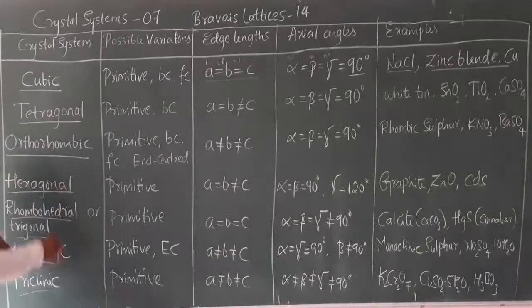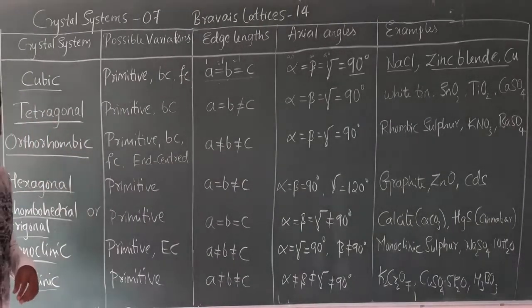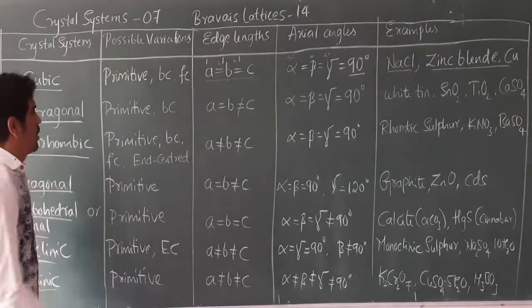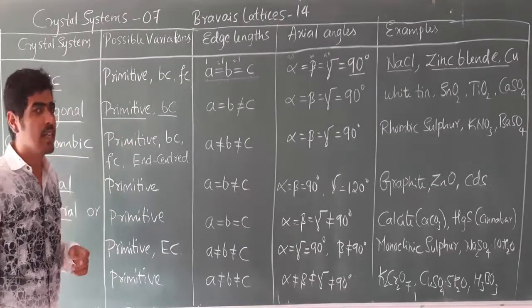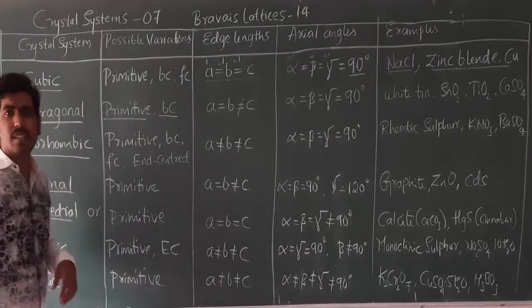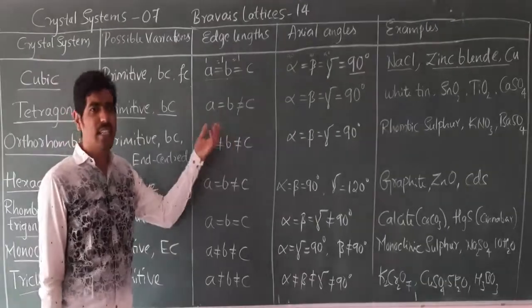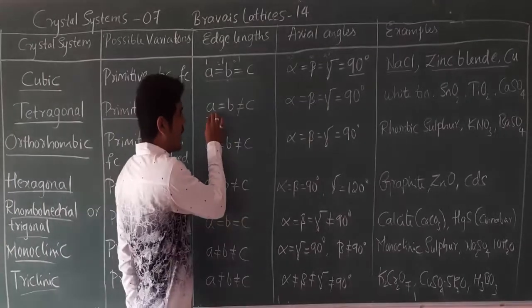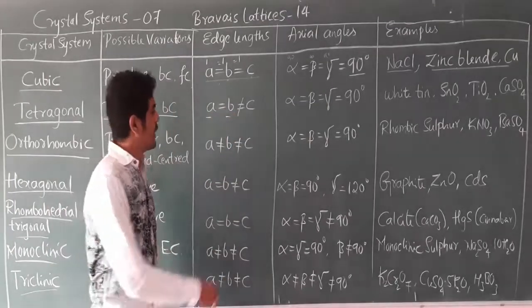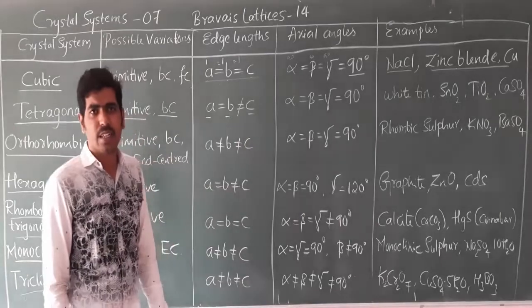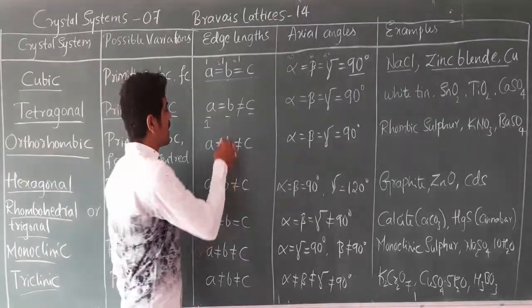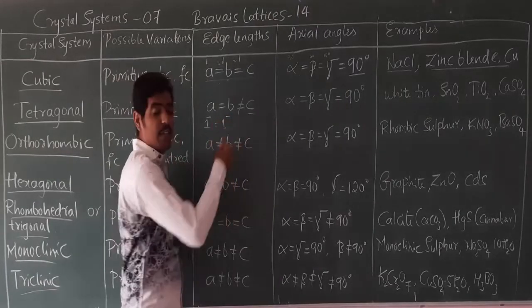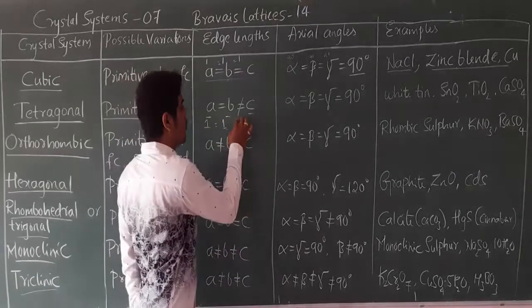The second one is the tetragonal crystal system. What are the possible variations? Primitive and body centered. So two possible variations of the unit cell can be observed in the tetragonal crystal system. The edge lengths in this system are A equal to B, but B not equal to C. That means if the value of A is 1, then the value of B is also 1, but the value of C is not equal to 1.